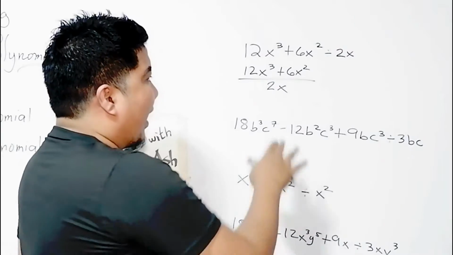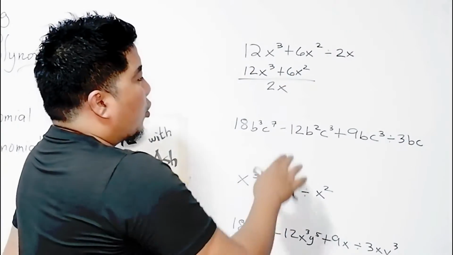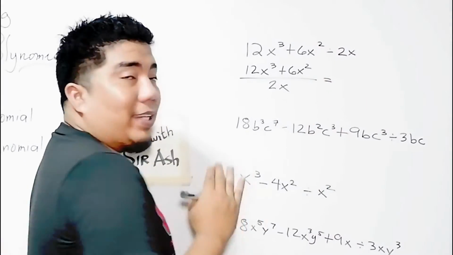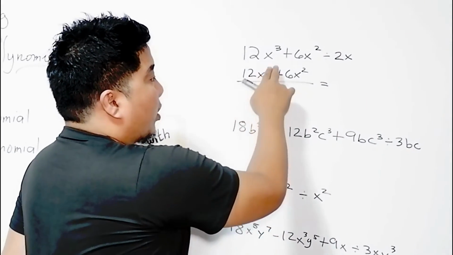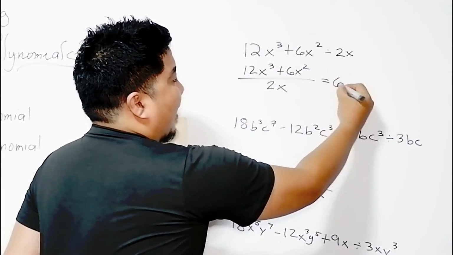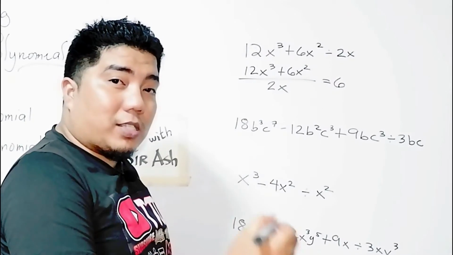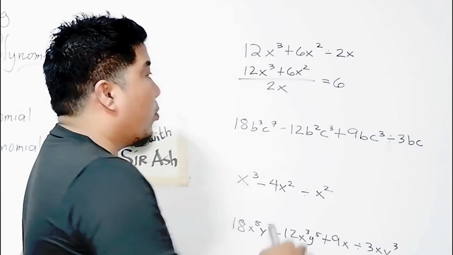In this case, I can see that this can be divided easily. So, what you will do is divide them term by term. So, 12x cubed divided by 2x. 12 divided by 2, that is 6. x cubed divided by x, the same base. You just copy the base and then subtract the exponent.